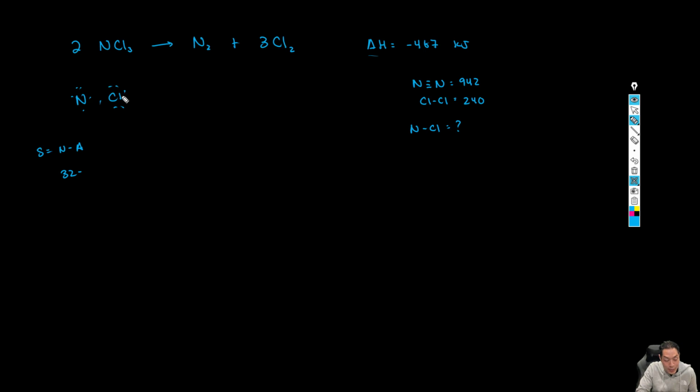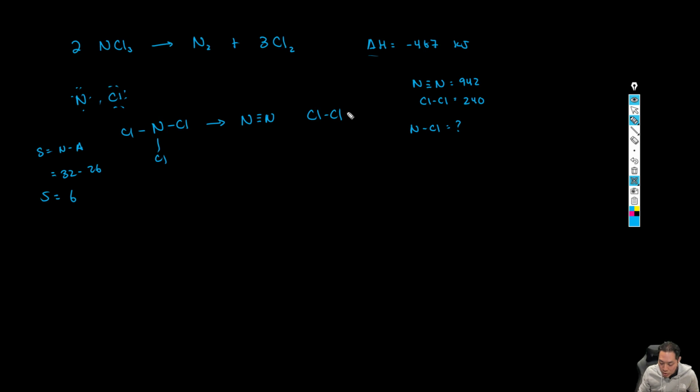Okay, chlorine has 7 times 3, 21 plus 5 is 26. So that will give me 6. So they're going to share 3 bonds, or have 3 bonds. So the Lewis structure for this will be N, Cl, Cl, Cl. So a trigonal planar. And this is going to make N triple bond N, and then Cl, Cl.